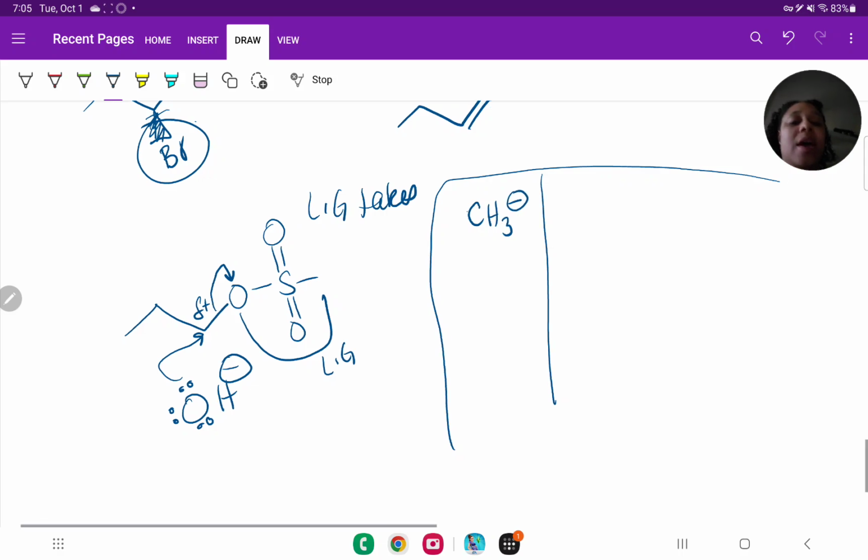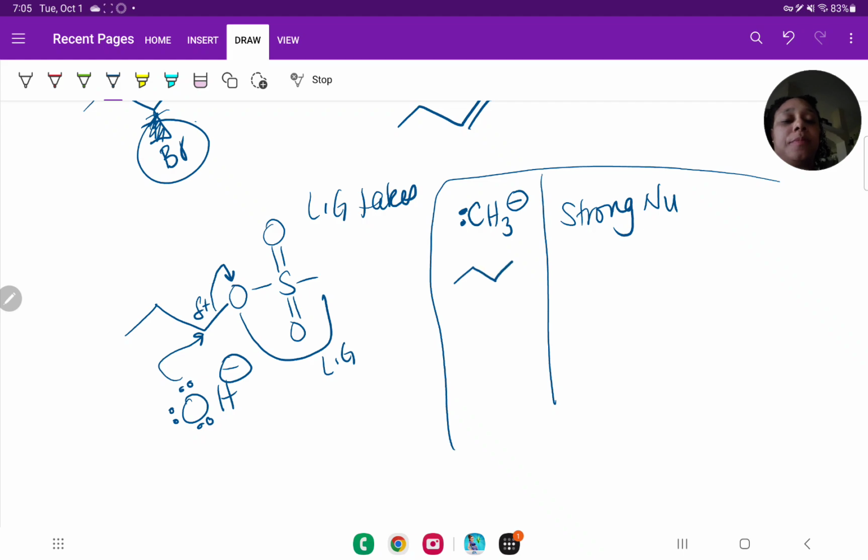So something that has a lone pair that doesn't want to have that lone pair or that negative charge is going to be a very strong nucleophile. So all of these things are carbons with negative charges. They don't want to have those negative charges.